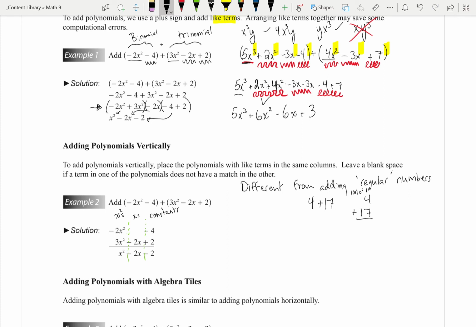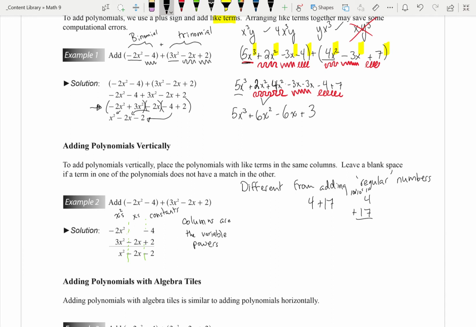So in this case, our columns are the variable powers. And if it's not included, you have to leave it blank, because technically there is a plus 0x here, but rather than writing that, we just leave it out.